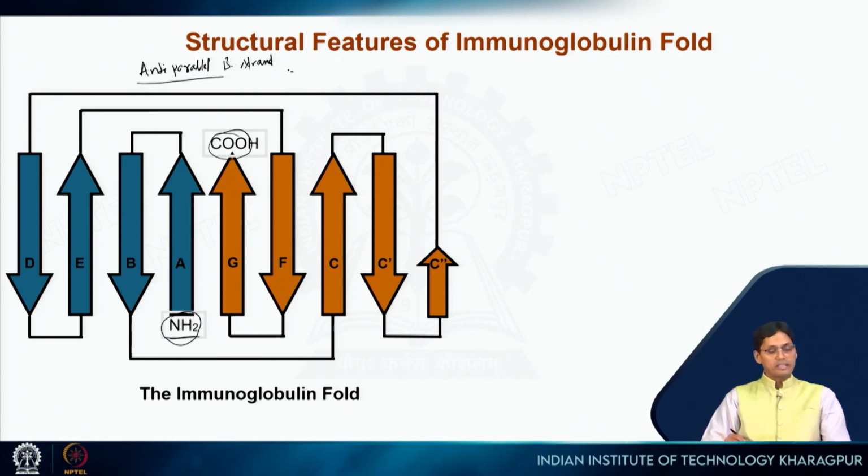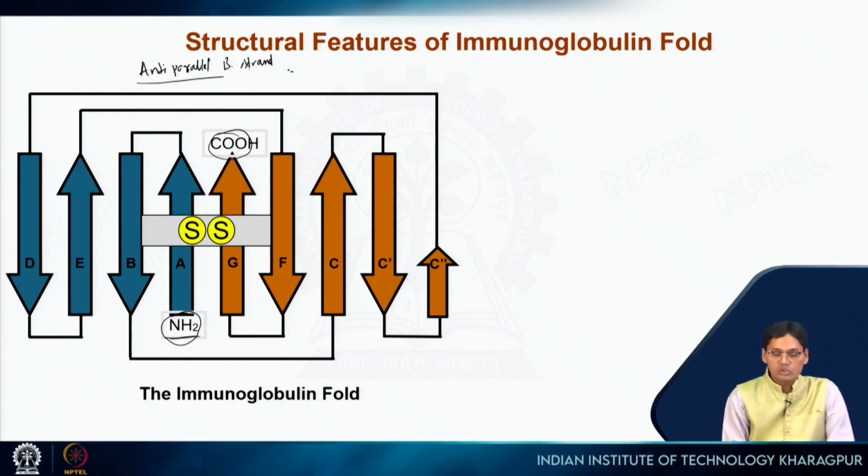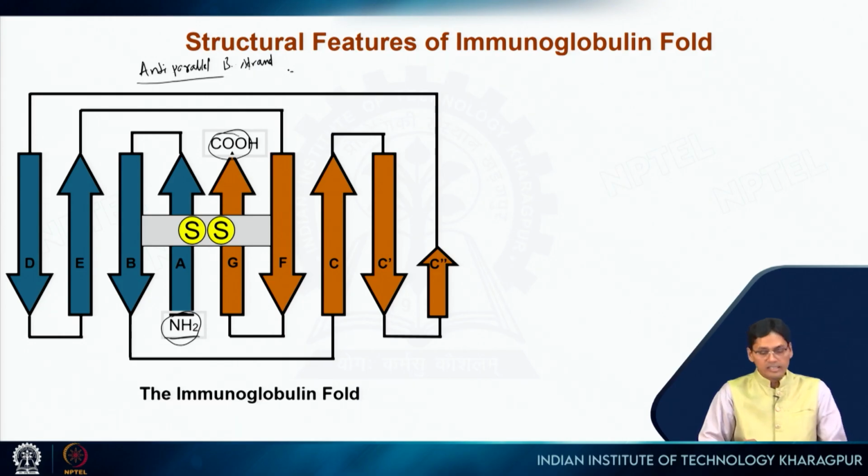Now, this is just the topology diagram of what is present in this protein. One important thing is that this immunoglobulin fold has some conserved features. All these beta strands have names by some convention, which I am not discussing. But between the B and F strands, they have a conserved disulfide bond, and this is present in all immunoglobulin folds. Now we are presenting this diagram in one plane, as if on your paper or notebook.